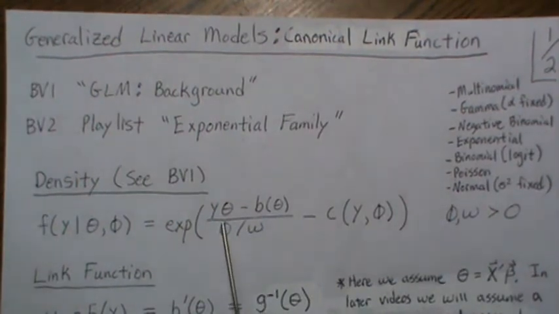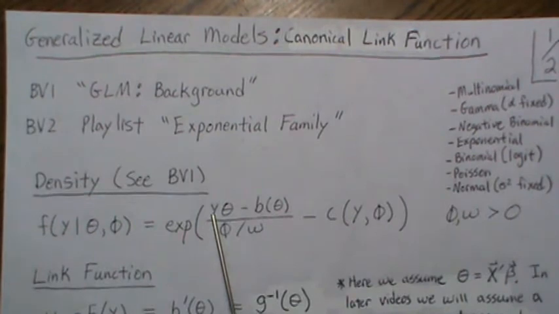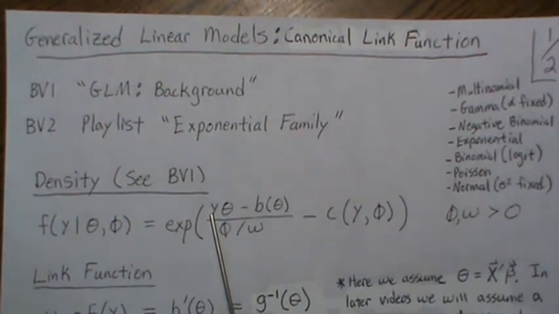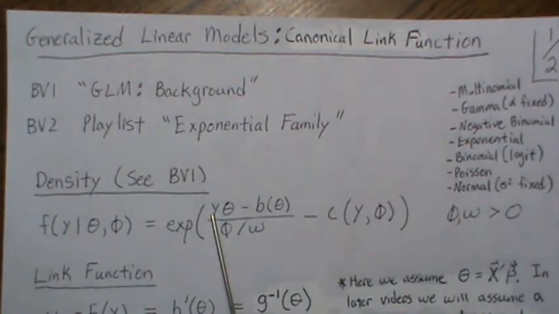And a couple important notes here is that this right here we assume it's y, and that's our sufficient statistic. And so in several distributions, when you put it in the canonical form, you don't get this.